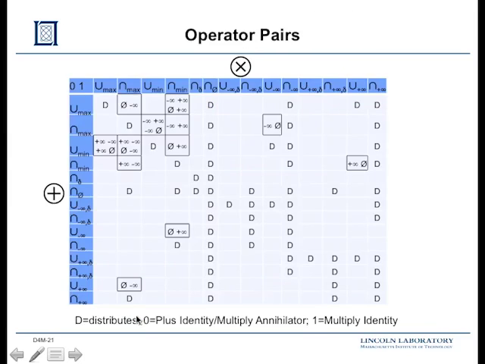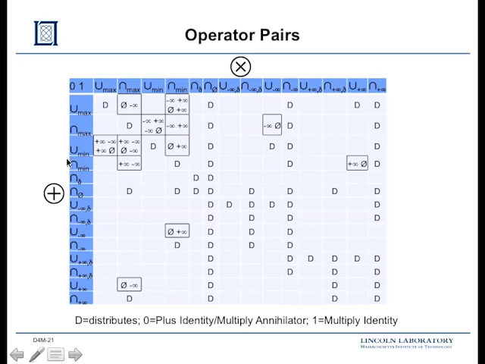So, a better way to look at that is these are our operator pairs, and we wanted to see which ones of them form these felds. The ones that distribute are marked with the D here. The ones that distribute and have a 0, 1 operator pair that works are shown in the square here, and some of them have 2.